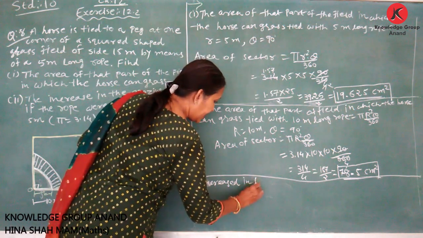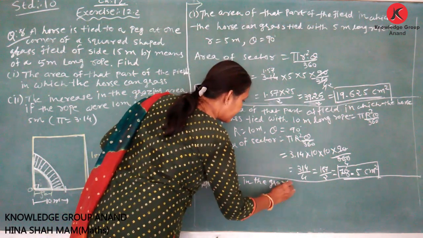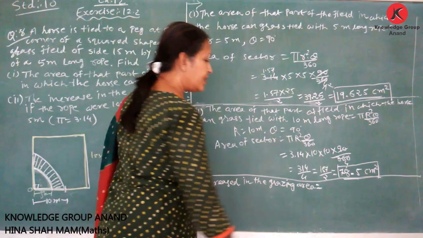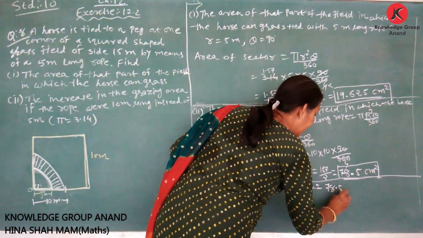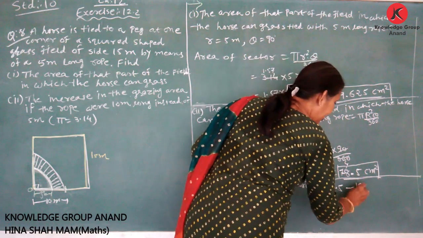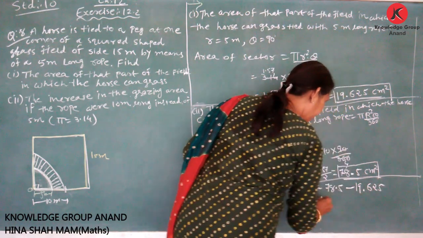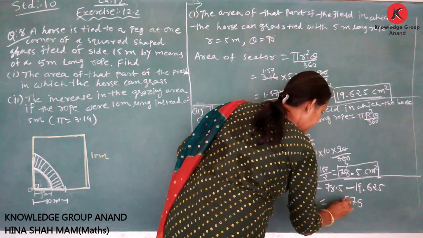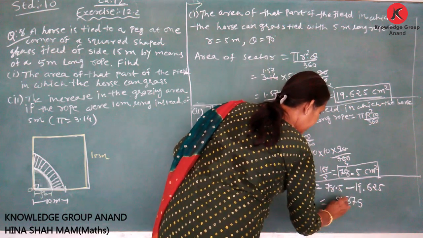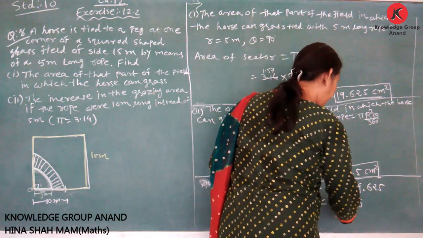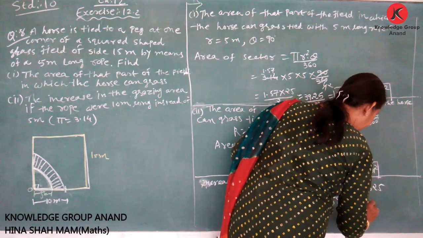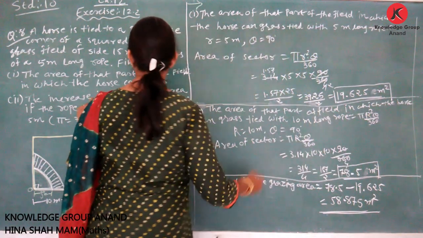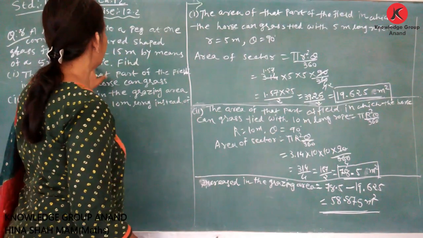Increase in the grazing area is equal to 78.5 minus 19.625, which equals 58.875 meter square. Here it is meter square, not centimeter. I wrote it like centimeter, but all units are in meter.